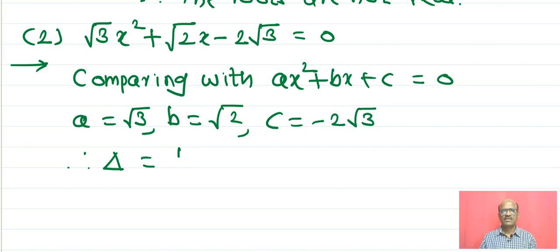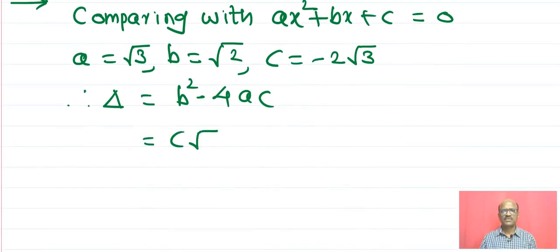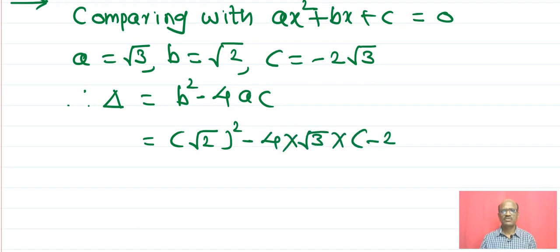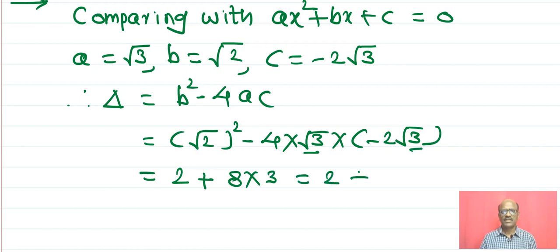Therefore, delta is equals to b square minus 4ac, that is root 2 square minus 4 root 3 into minus 2 root 3. Root 2 square means 2 plus 8 root 3 into root 3, 3. 8 into 3, 24. 24 plus 2, 26.